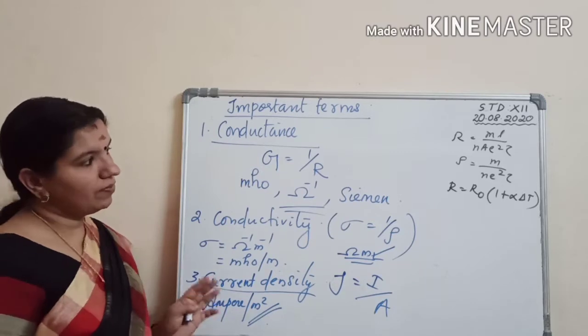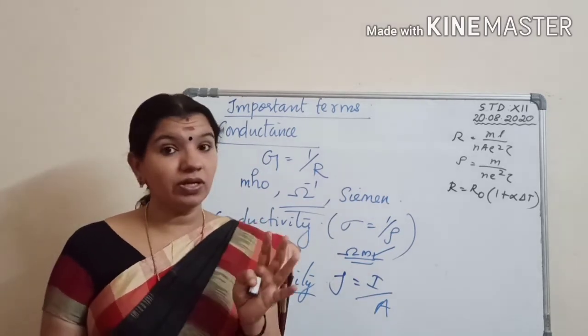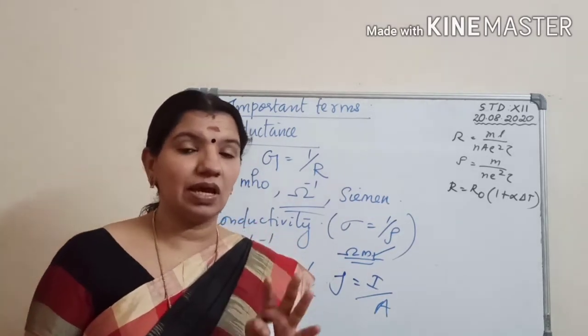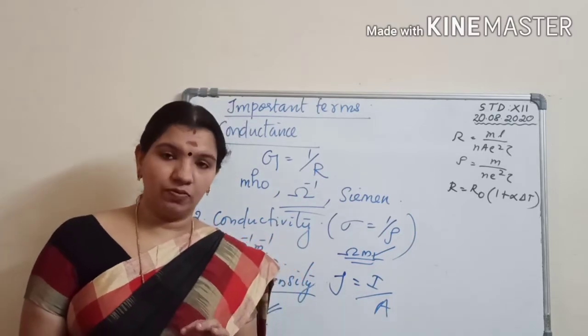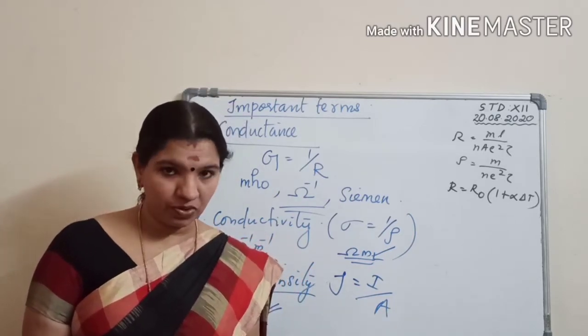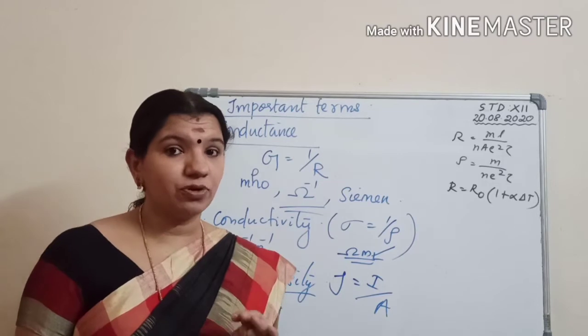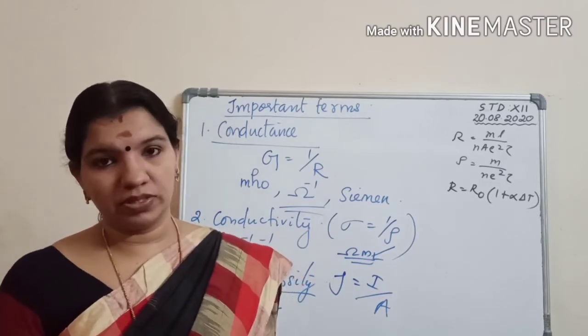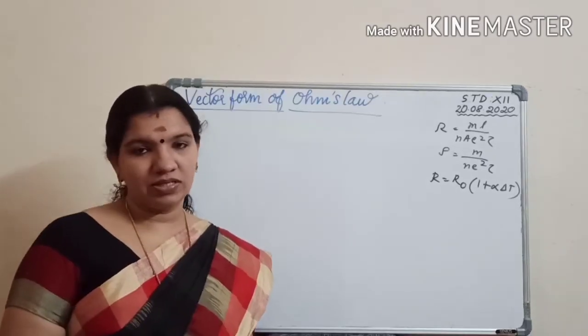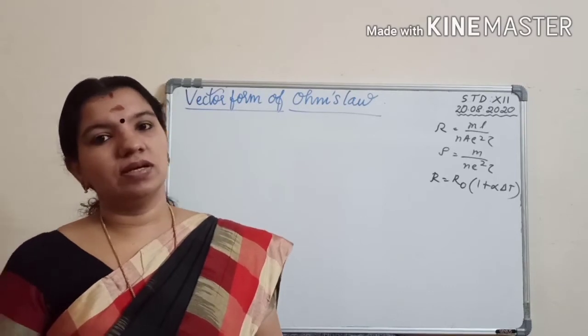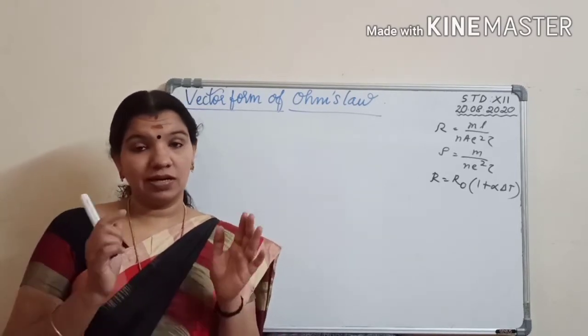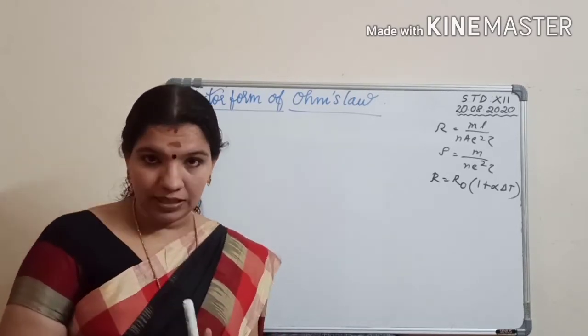Understand? Now we will move to one of the important and frequently asked questions, the vector form of Ohm's law. To derive the vector form of Ohm's law, we have the equation connecting I and Vd.